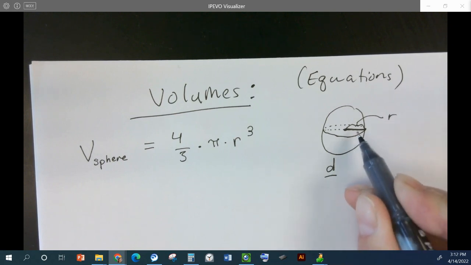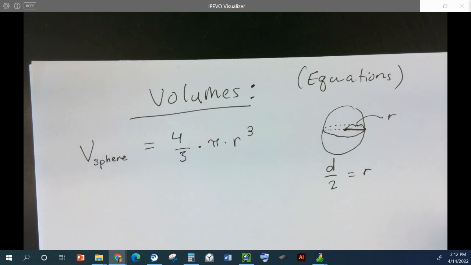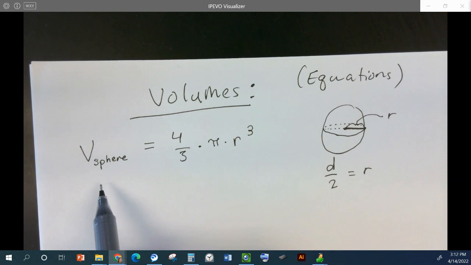If they give me all the way across, the diameter, then I'm just going to divide it by 2. That will give me the radius. So watch out for that. That's going to happen quite a lot. All of our equations use radius. If they give you all the way across, that's called the diameter, and you just have to cut it in half. Okay? All right, so that sphere, that's the first page.